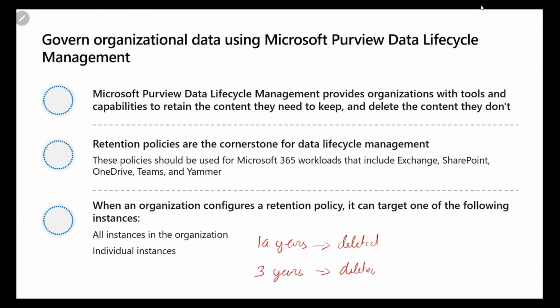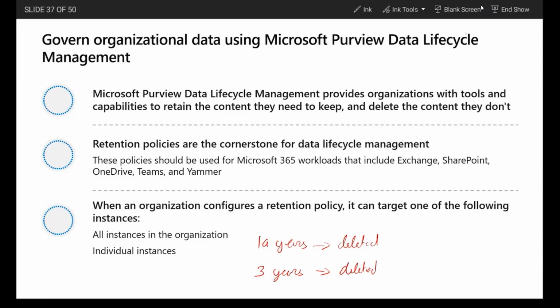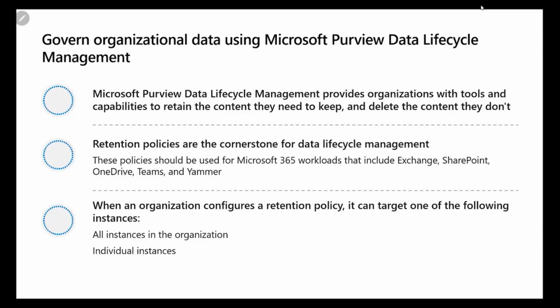So how do you prevent that from happening? You can do it with the help of retention policies, or you can do it with the help of retention labels. And these policies can be targeted across different Microsoft 365 workloads like Exchange, SharePoint, OneDrive, Teams, and Yammer.